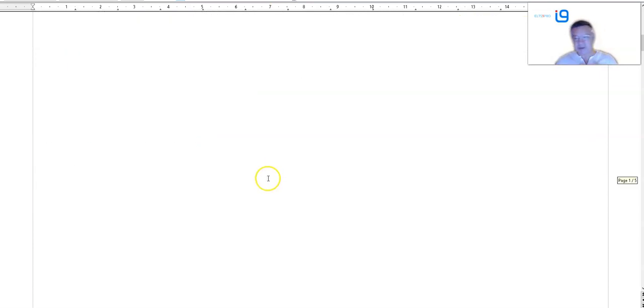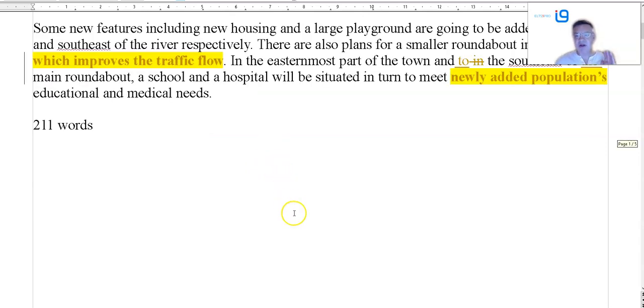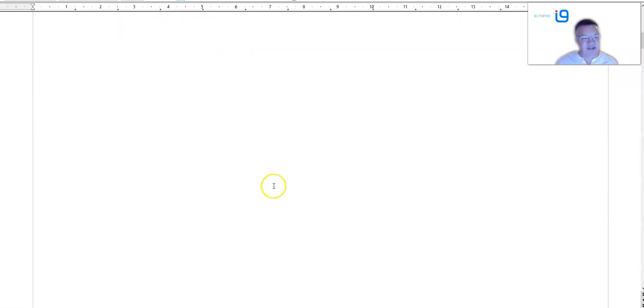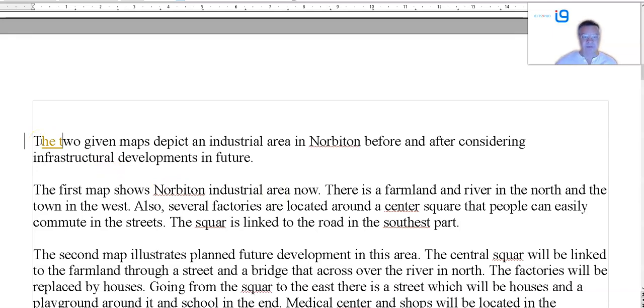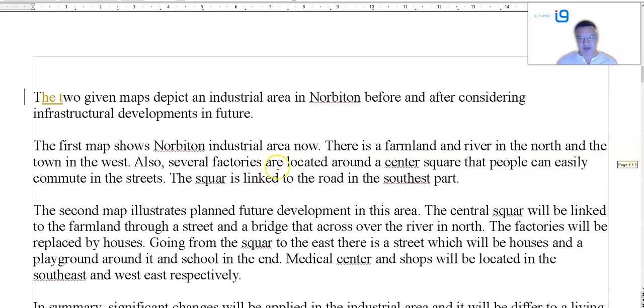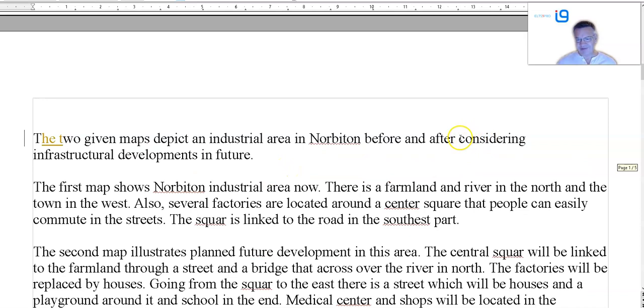If it's a point of the compass: to the north, the south, the east, the southwest, in the north and southeast, etc. "Two given maps": well, we need an article, "the two," for that. "Considering infrastructural developments in the future."